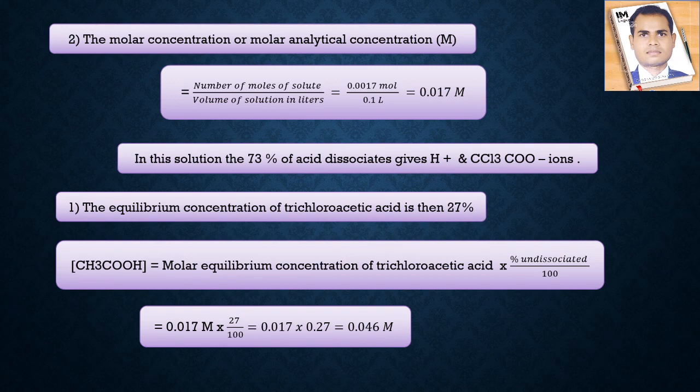Now you will see the concentration of trichloroacetic acid is equal to the molar analytical concentration of trichloroacetic acid times the percentage of undissociated molecules divided by 100. So the undissociated part is 27% trichloroacetic acid, right? And the molar analytical concentration we have already calculated, that is 0.017 molar.